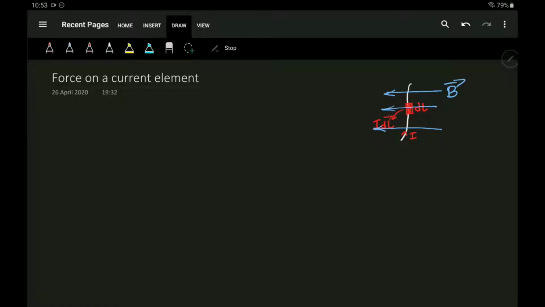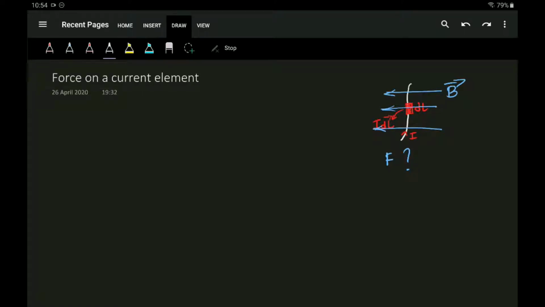So what is the force experienced by this particular element of current? That is what we are finding out in this session. To understand this, firstly we have to calculate the current that is flowing through.